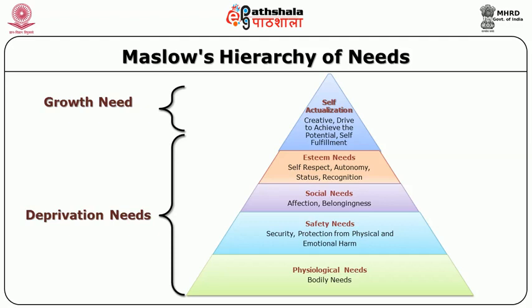So which type of motivation can take you towards self-actualization? Definitely intrinsic motivation. So first, through extrinsic motivation, you go towards intrinsic motivation, and that takes you towards self-actualization. Now we have seen different levels of the hierarchy of needs.